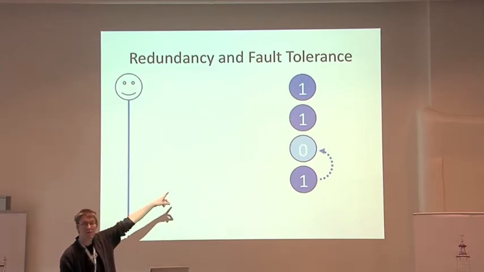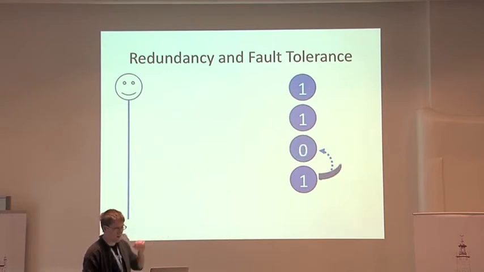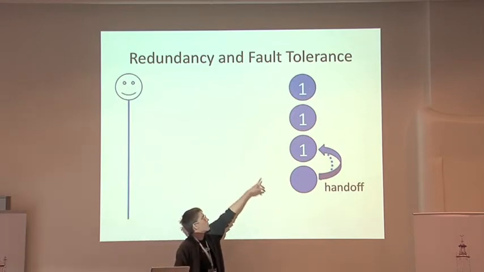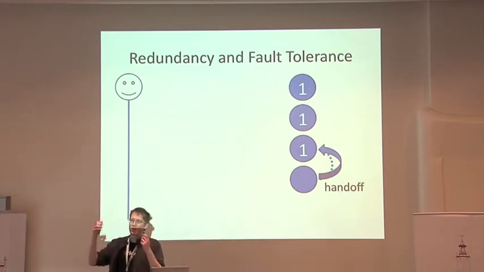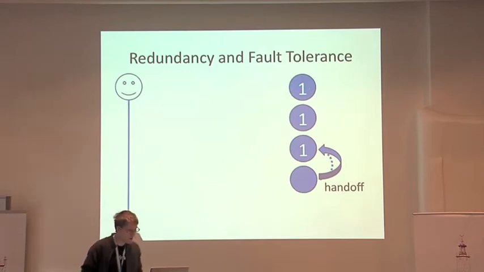It's just holding it for the third guy. So when the third guy comes up again, when it's rebooted, there'll be a handoff. The backup node will notice that the third node is back up, and then it'll send over the key and value to that node, and that's called a handoff.